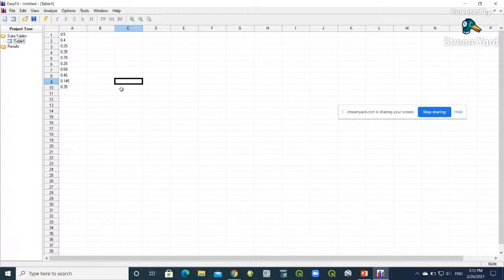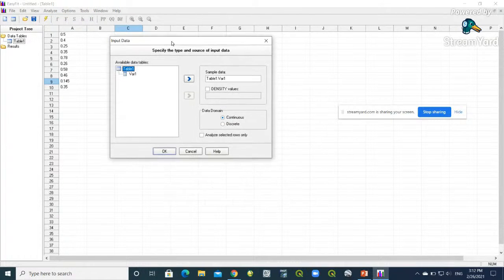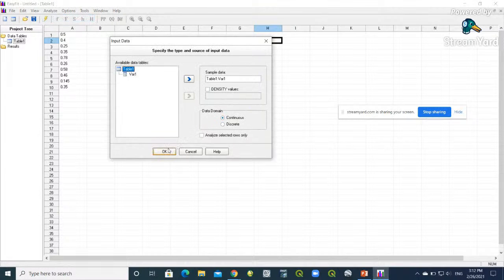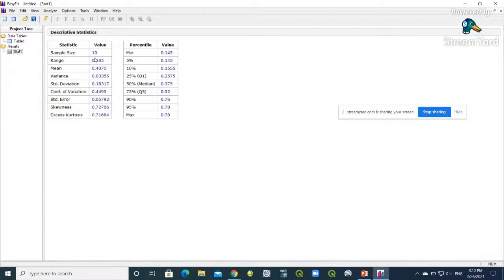From here you analyze the descriptive statistics and get a simple description of the data. The sample size is 10. The mean value is this, the variance is this, the standard deviation is this, along with the minimum and maximum values.